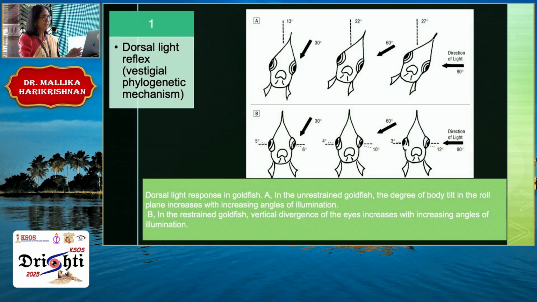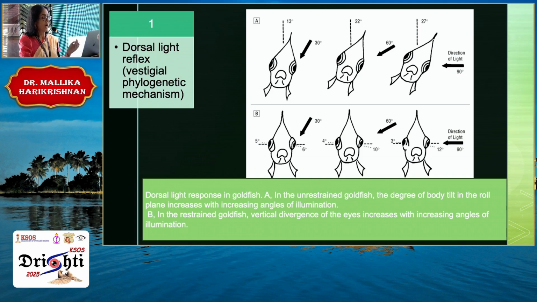Now, let's see one by one. Dorsal light reflex, or the vestigial phylogenetic mechanism. This is usually present in some very lower animals with laterally placed eyes, like the fish and the rabbits. Let's see what happens in the goldfish. In the upper picture, that is in segment A, you can see the dorsal light reflex response in the goldfish.